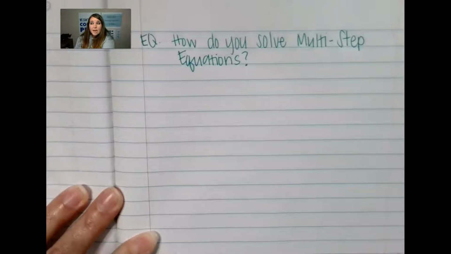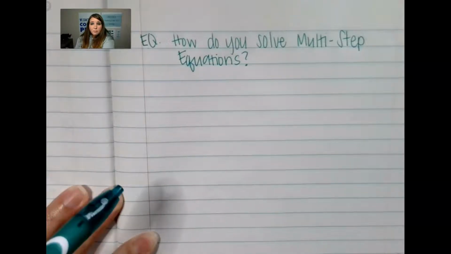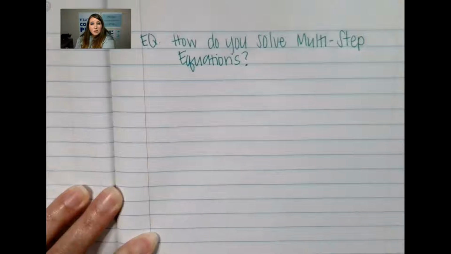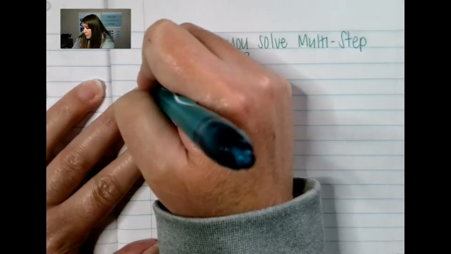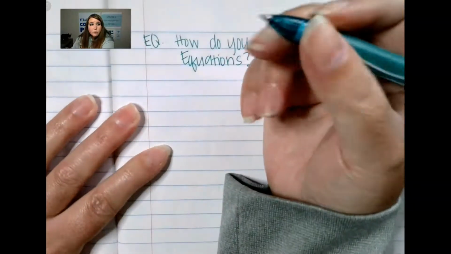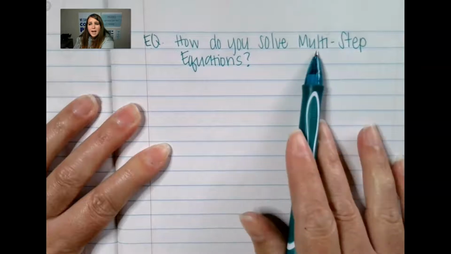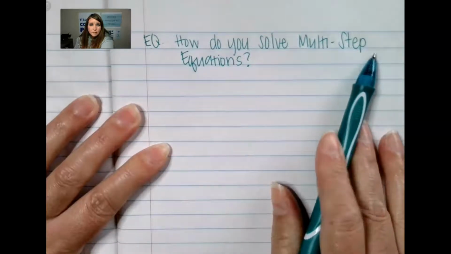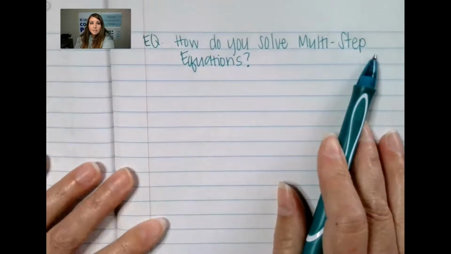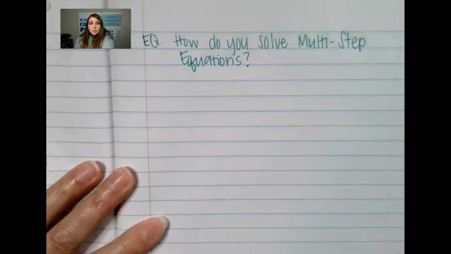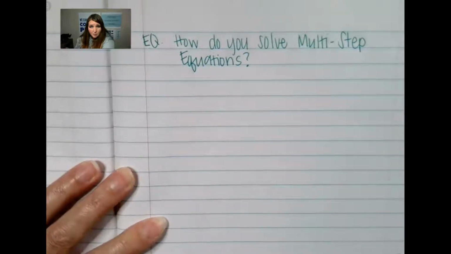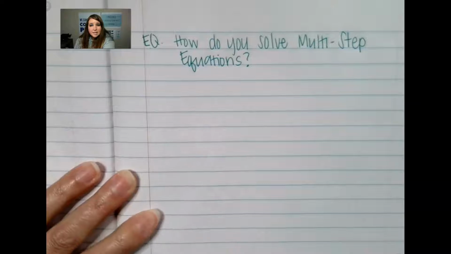Today we're going to look at multi-step equations, but we're going to start with two steps. Multi-step means that you're going to have more than one step to do in order to isolate the variable. So we're going to have to use the inverse operation, which is the opposite, in order to isolate the variable.